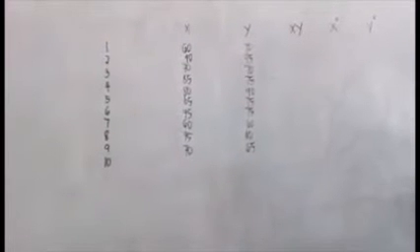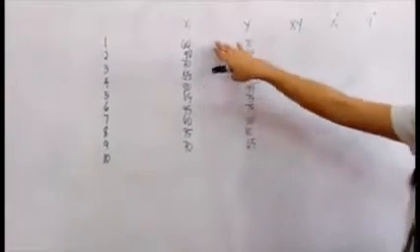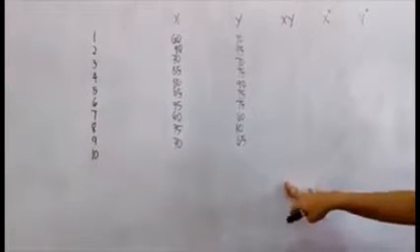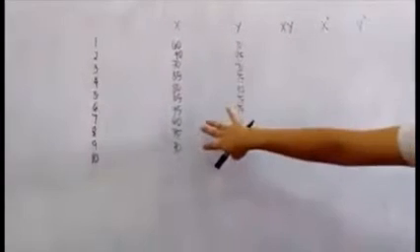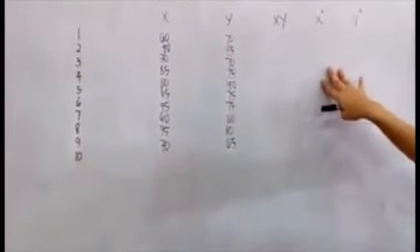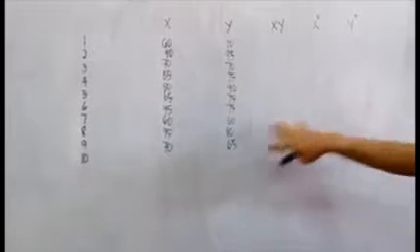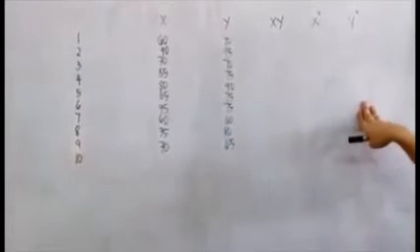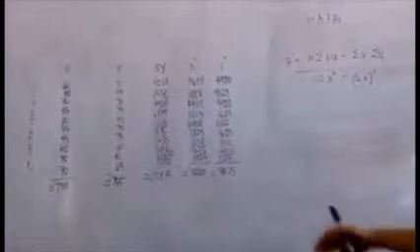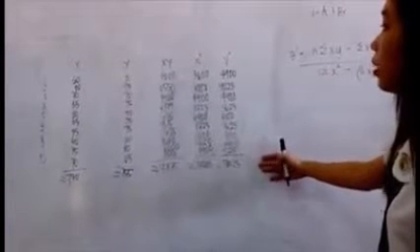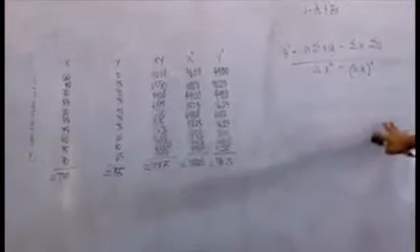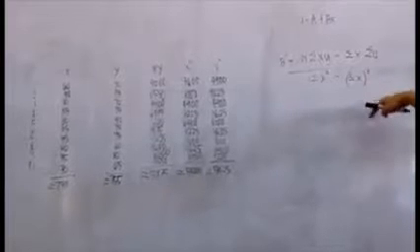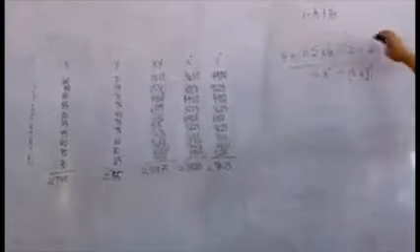To solve for the linear regression and get the equation, we must first complete the table, multiplying x and y to get the xy component, squaring all the x values to get x squared, and y values to get y squared. So we now have all the values we need. Now we substitute to get the values of b and a to complete the equation.